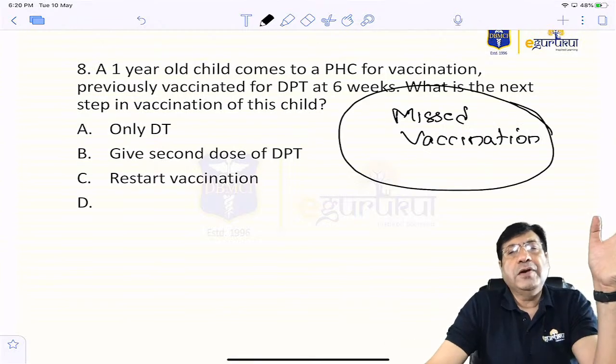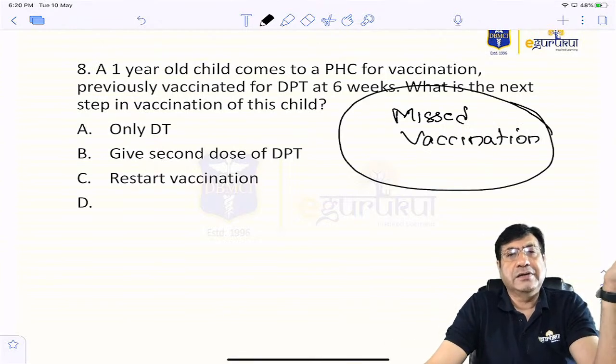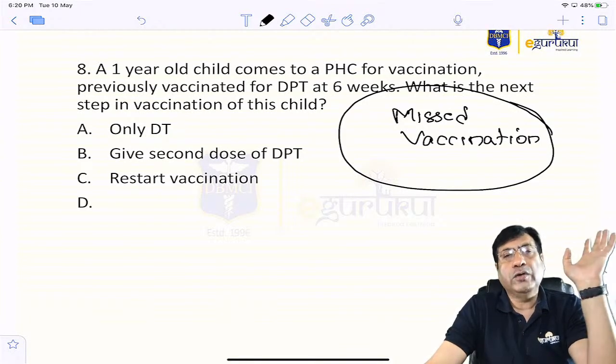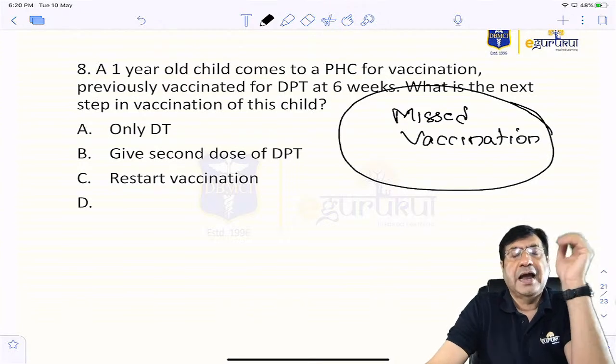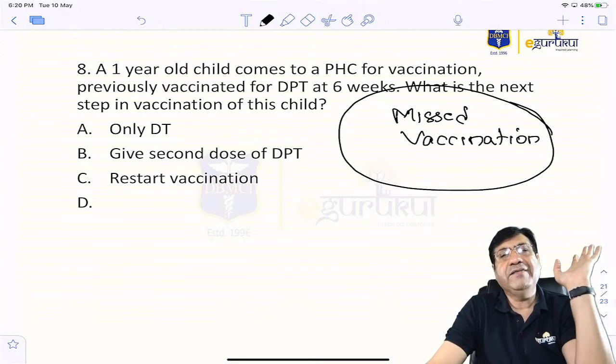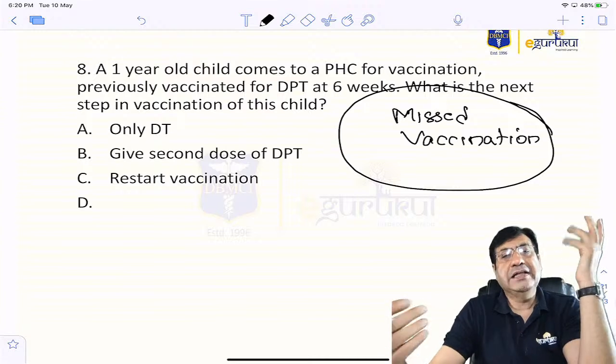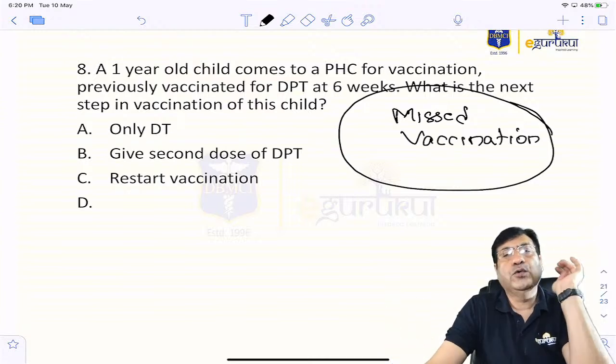It's not uncommon for us as pediatricians to get children who come to us with a missed dose of a vaccine. For example, one vaccine dose was given, scheduled at 6 weeks, then they forgot to get the vaccine at 10 and 14 weeks. And suppose they come at 1 year of age and tell us that one DPT vaccine was given at 6 weeks, then they forgot, and now they have come to you at 1 year of age.